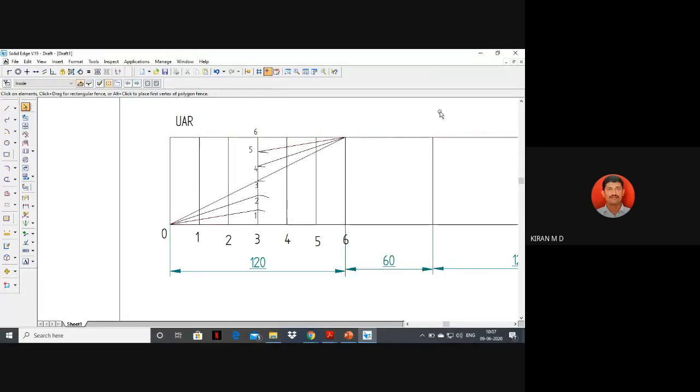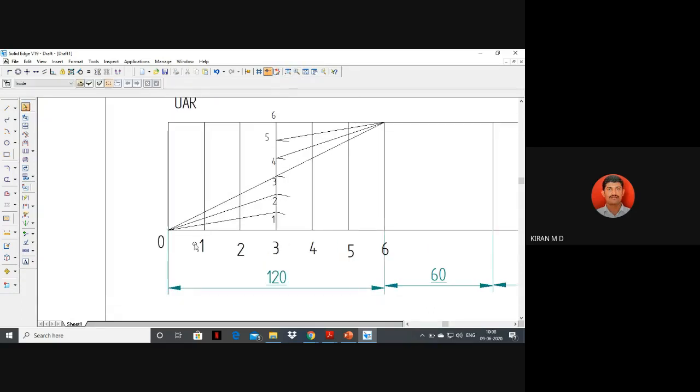Okay, 0 line and 6th line. So now the intersection of this one line and this one line, this intersection point, this is 1 dash. Are you able to follow?